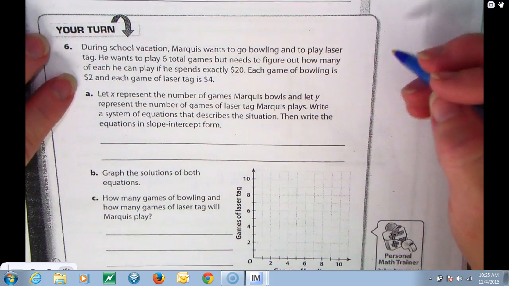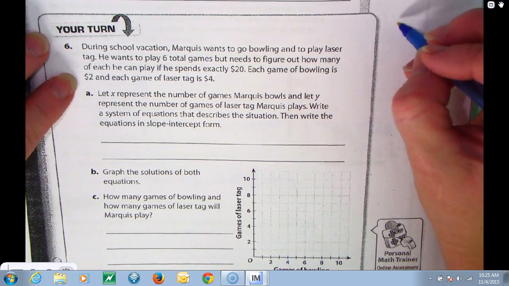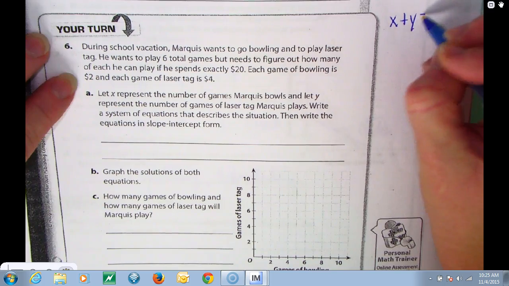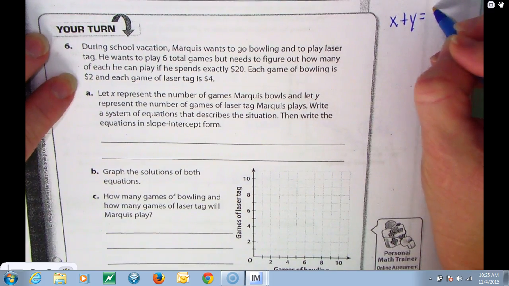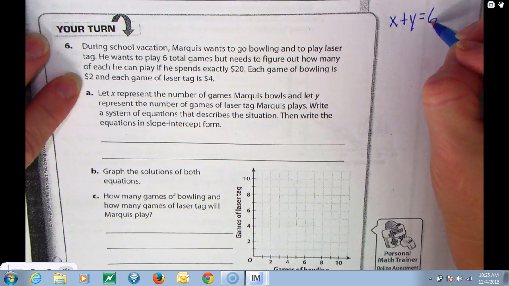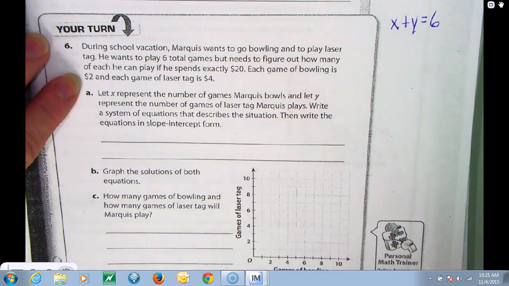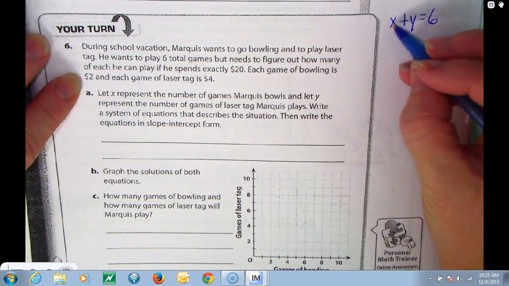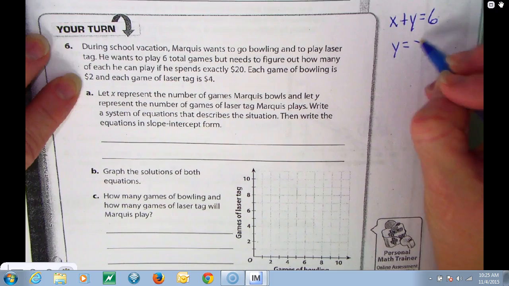So the first equation is going to be, let's put it over here, X plus Y. How many games does he want to play together? 6. He wants to play 6 total games, laser plus the bowling. So if I move the X over there, that's going to be Y equals negative X plus 6.